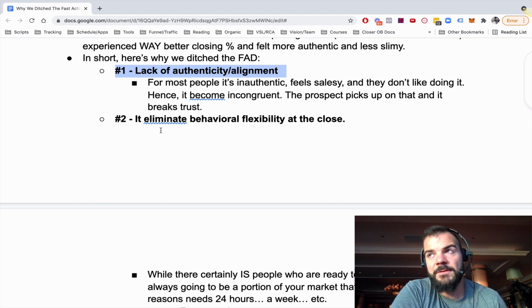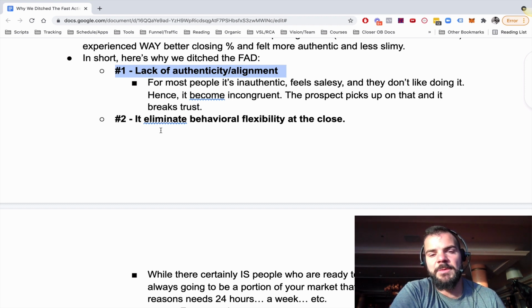And if anything, there are probably 5% of people who do this who feel really good about it and totally believe in it. They stick to their integrity on it. And if you're one of those people, good for you. If you're not, ditching it just because it feels out of alignment will help your closing rate.